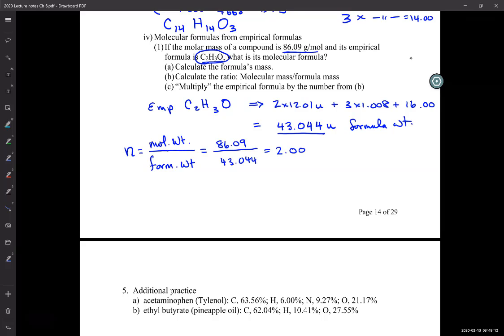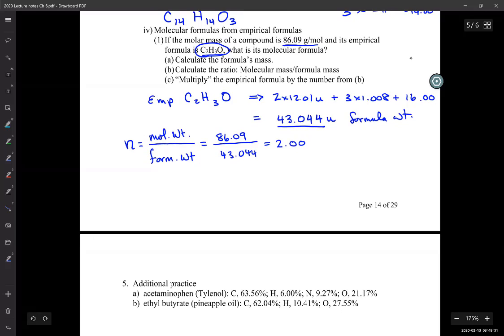So that's my ratio. Now you notice I didn't care about the units because grams per mole gives me the same number as the atomic mass unit, so I just left it off. I know people may kill me over that someday, but that's okay.